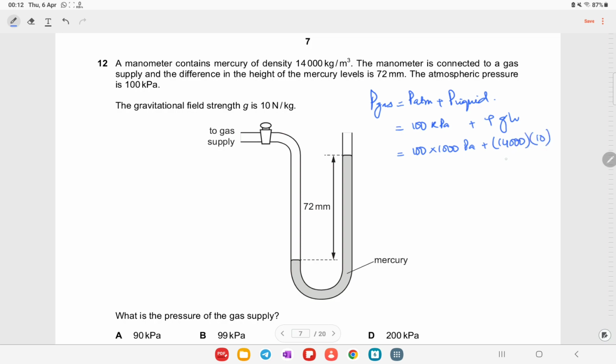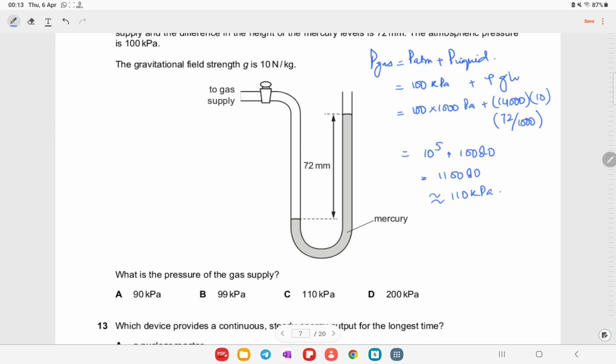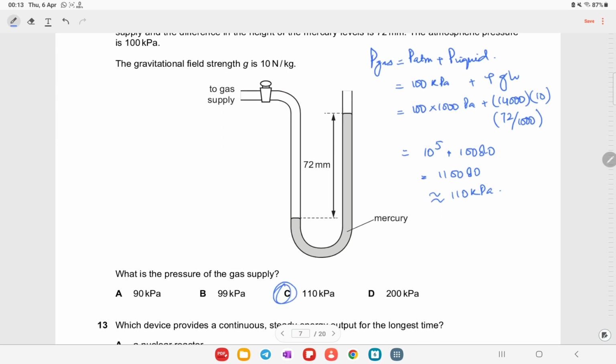The value of g is 10, and height is 72 mm, so you need to convert that 72 mm into meters to get the SI units. Now you solve this, so it will end up as 10 to the power 5 plus 10080, and you will end up at 110080 pascal. Now you round it off, it becomes 110 kilopascal. So your answer will be C.